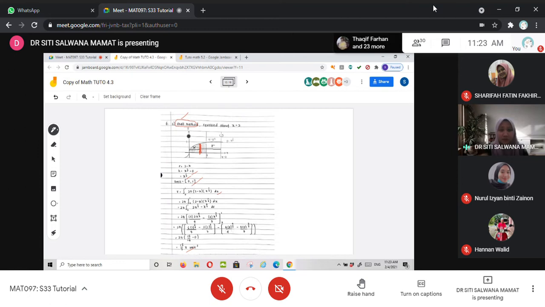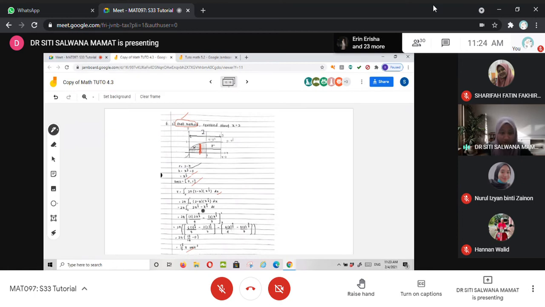We know that from the y-axis to the line of revolution is how many units? 2 units, right? So how to find r? Our r is 2 minus x. So that you get your r, r is equal to 2 minus x.